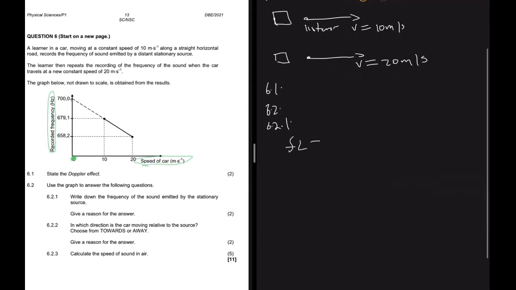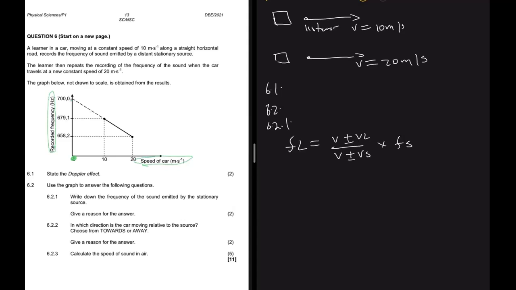The equation we have for the Doppler effect is that the frequency observed by the listener equals V plus or minus VL divided by V plus or minus Vs multiplied by the frequency emitted by the source. For us to find the frequency emitted by the sound source using this equation, we need the frequency observed by the listener to be equal to the frequency emitted by the source.